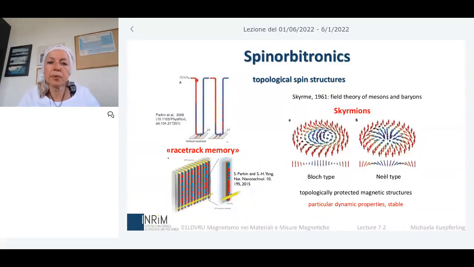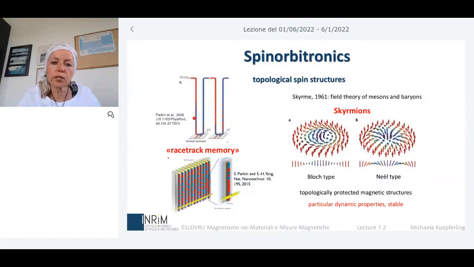One could let the bit move over the sensor. So if you think that here could be your sensor and your bit will move on and pass the sensor in this way, you can also read a series, of course, of bits of up and down.